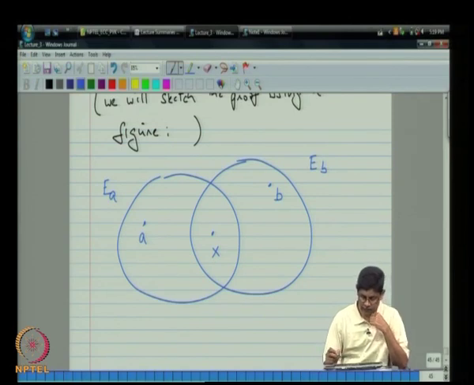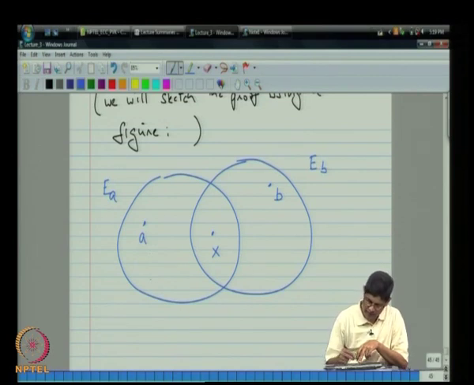So, what this figure seems to suggest is, is it possible that they can have some elements in common without being the same? So, these are elements in common. Now, certainly if they are not the same, there must be some element which does not belong to the intersection.